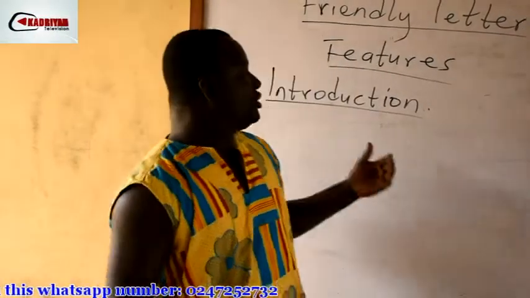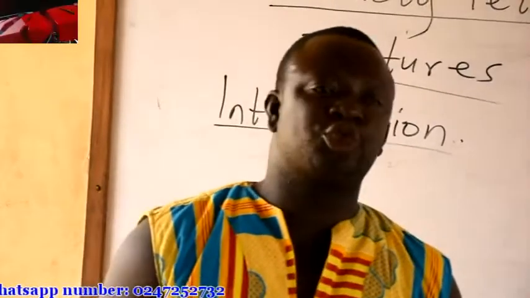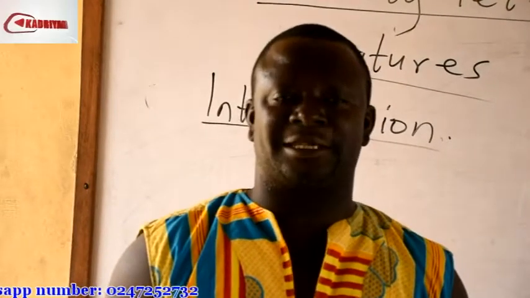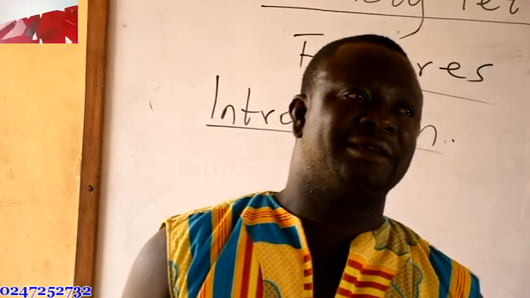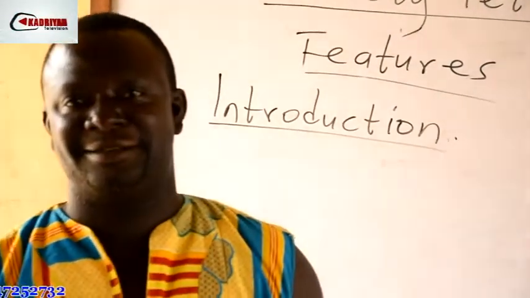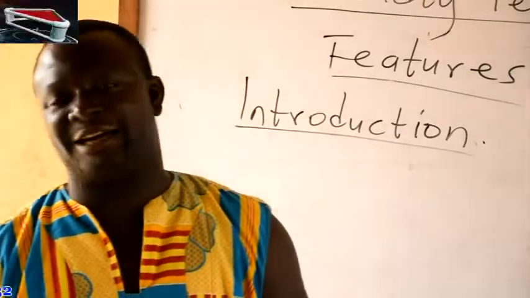You are coming to introduce your letter, so your introduction will help the person to know that what you are coming to say is sad, or you are happy, you are delighted for writing that letter.